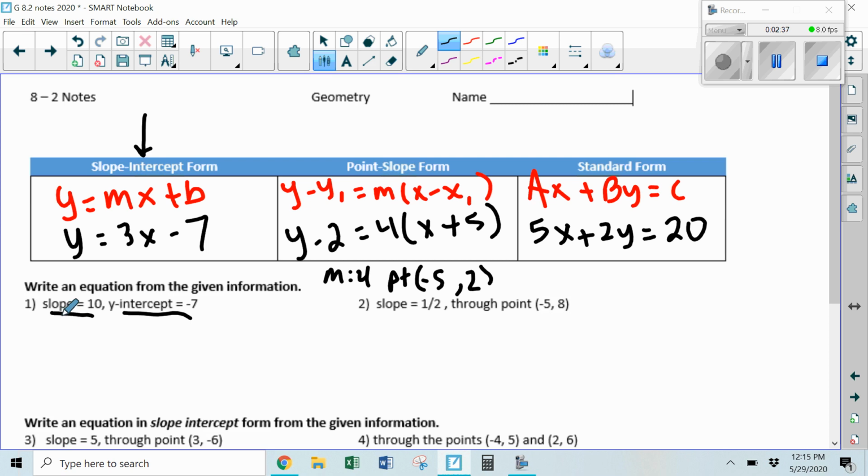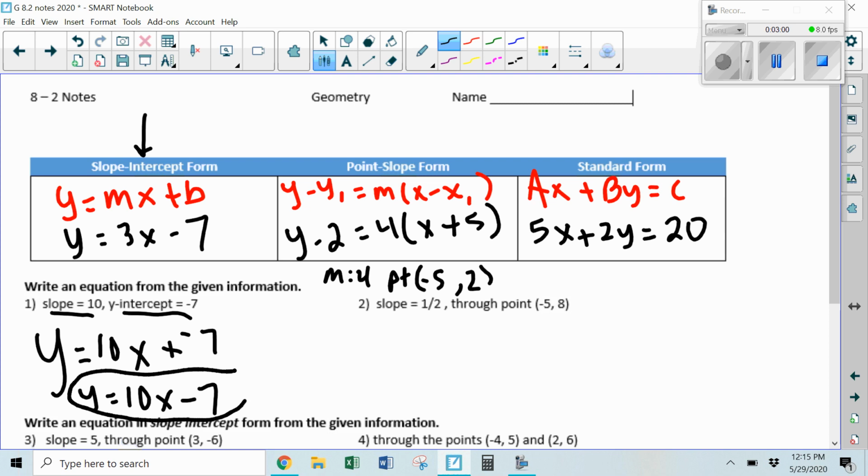So y equals, then I fill in my slope, 10x plus my intercept. Now you're probably thinking, do I have to put plus minus? No, I don't really want you to, but I was just trying to show you that there's a plus in the formula. So then you'll change this to make it look a little neater. Your slope is 10, just like it says. Your y-intercept is -7, just like it says.